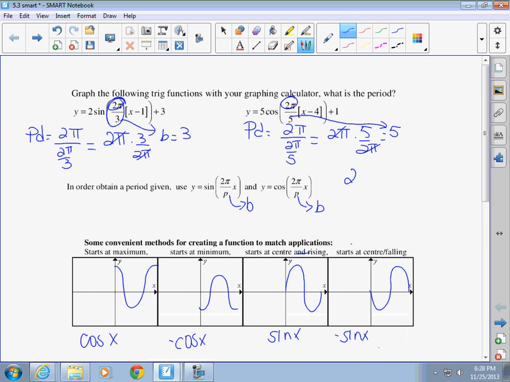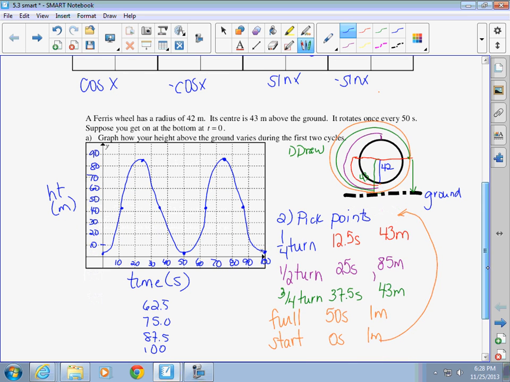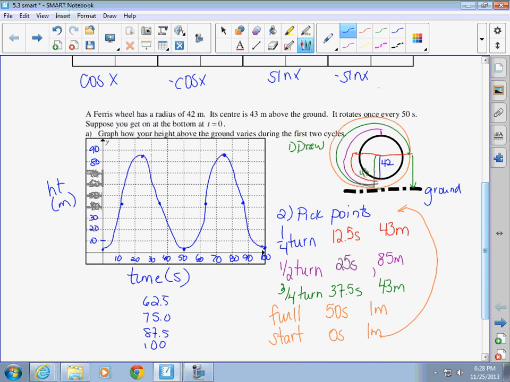On the graph itself, if you want to do 65, and of course this is a little bit off because my graph isn't perfect, if you draw a line straight up here, you can see it's almost at 60.